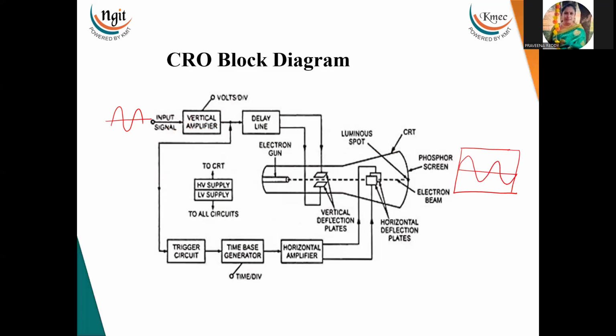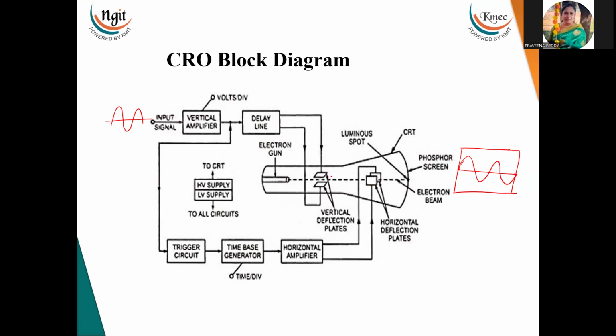And this beam is moving from the starting point and deflecting in the vertical direction and also deflecting in the horizontal direction. So this is done by these vertical deflection plates and horizontal deflection plates. Because of these plates, the beam is moving in the vertical and horizontal directions.